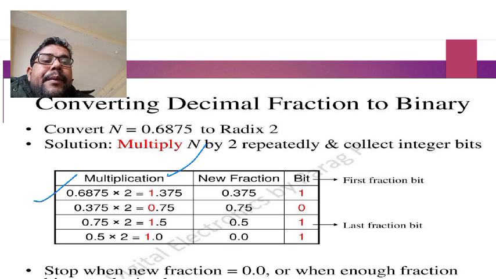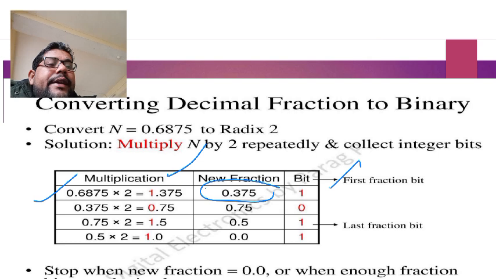Then we have a new fraction, 0.375, after the point, and the new bit we got is 1. So we put bit 1 here. This will be our first fraction bit.